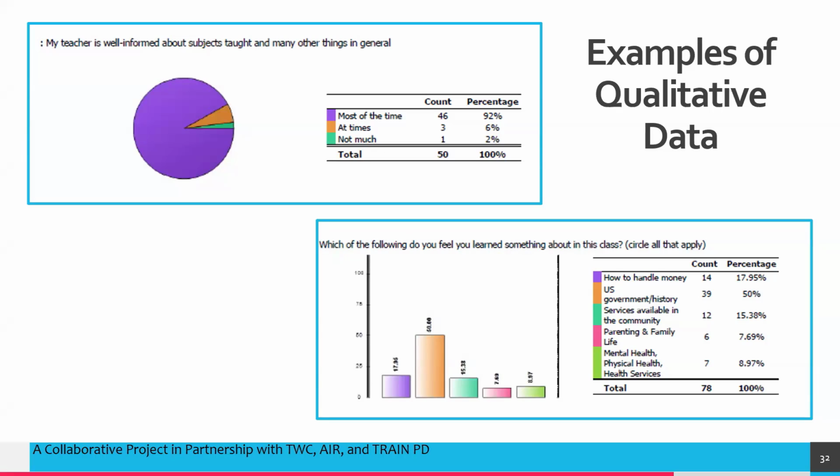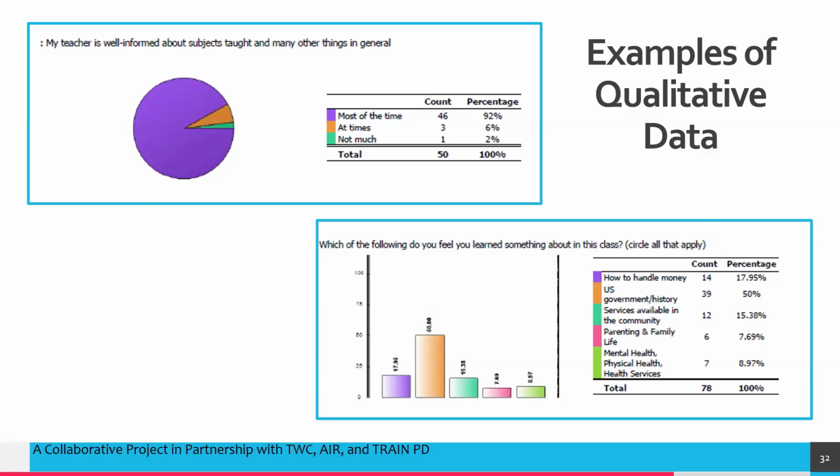We took the information from the responses and made it into bar graphs and pie graphs, and put it into numerical format so that we could better interpret that data. That gave us a good idea of student feedback. There was also a section where they were able to make comments, and that's more of that qualitative data that we can collect and get specific feedback based on any comments that they shared.